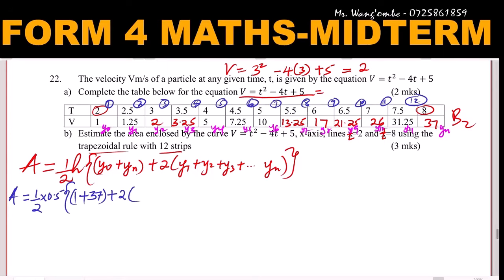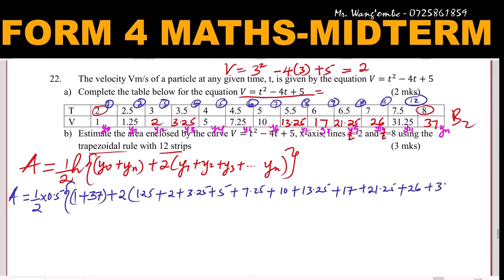So we have 1.25 plus 2 plus 3.25 plus 5 plus 7.25 plus 10 plus 13.25 plus 17 plus 21.25 plus 26 plus 31.25, like that.